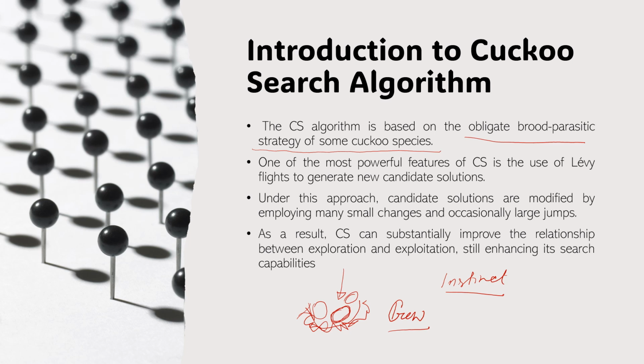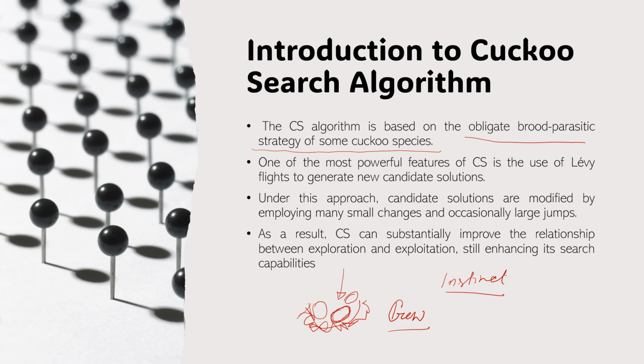And the cuckoo is successful 75% of the time. It can avoid detection, and better offspring of the cuckoo are produced without any work from the mother of the cuckoo species.